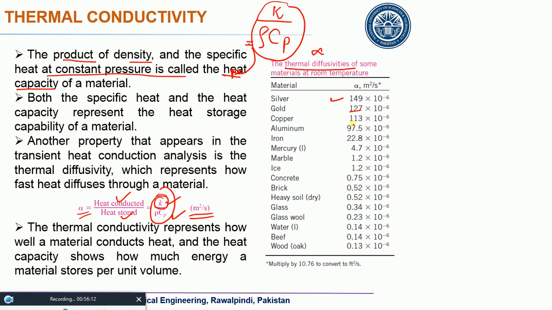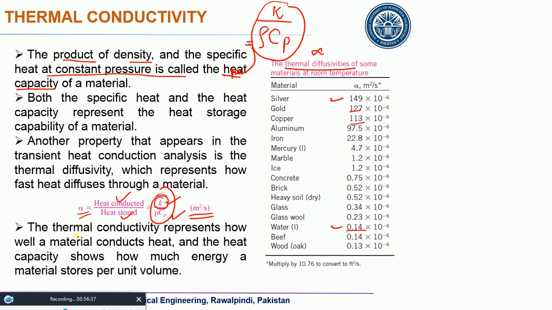Then you have 127 and 113, and look at the value at the end, 0.14. If it is 0.14, what does that mean? It is not a good conductor. It is a good material for storage. So this is very important to understand.